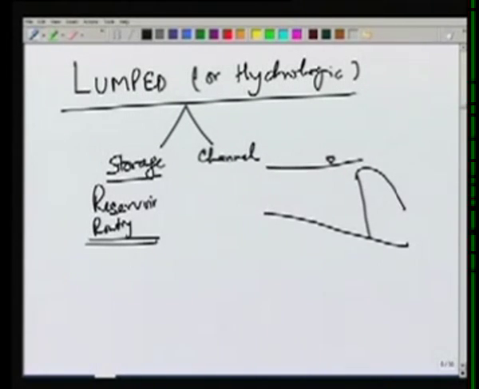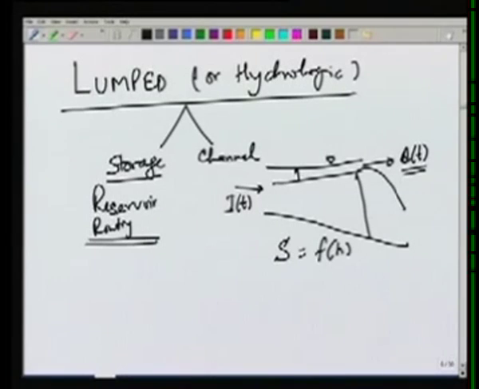water is stored up to a certain level and there is some flow coming in. I(t) is the input, and then the outflow can be written as, let's say, Q(t), and we want to find out how the outflow is changing with time. Storage in the reservoir, let's denote it by S. S will of course depend on the height of flow in the reservoir.